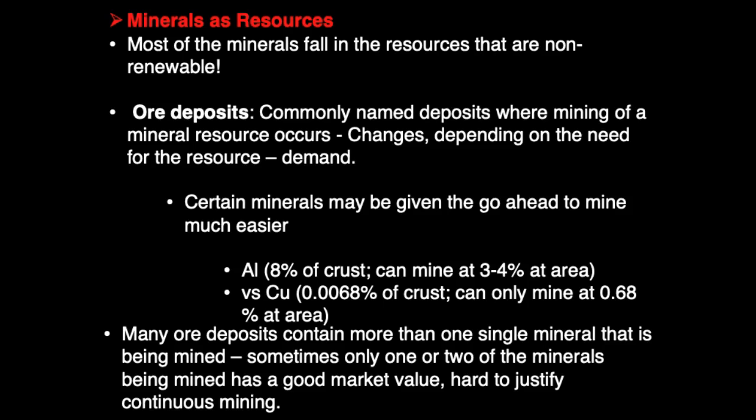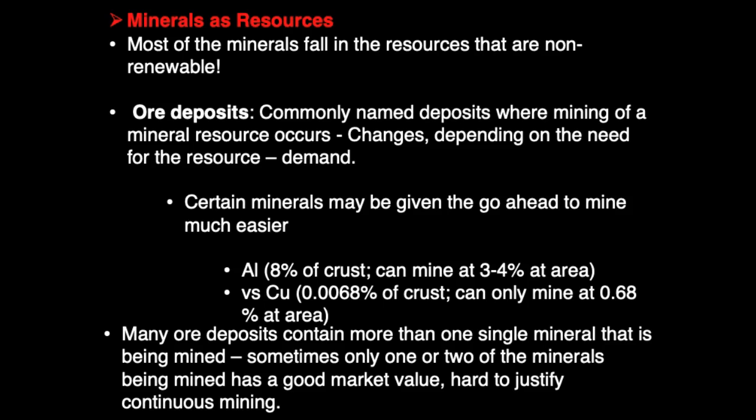In order to have economic value, an ore deposit must be highly concentrated. For example, copper makes up 0.0068% of the crust, but for a copper ore deposit to be mined, the concentrations must be of 0.68%. So that means it has to be 100 times greater than the average amount of copper on the earth.